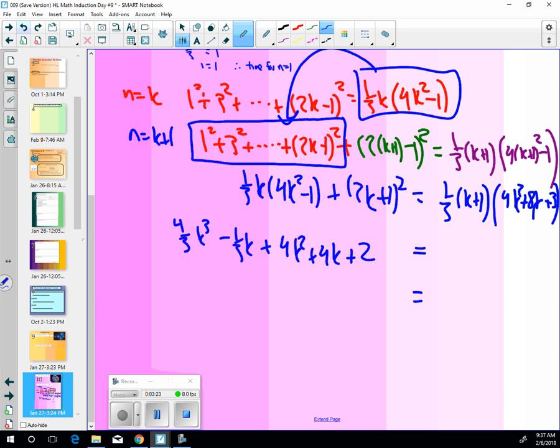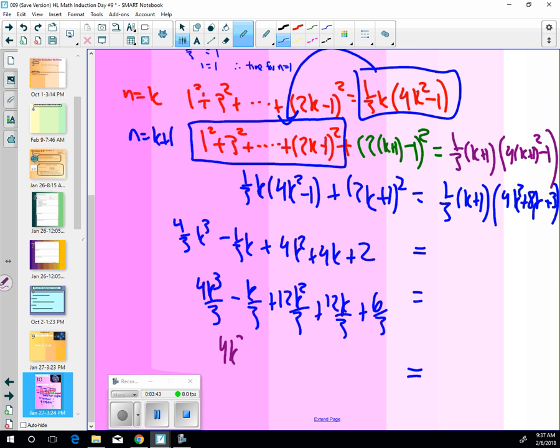And then this is going to be 4k cubed over 3 minus k over 3 plus 12k squared over 3 plus 12k over 3 plus 6 over 3. And then we're going to do still 4k cubed over 3, and still plus 12k squared over 3.